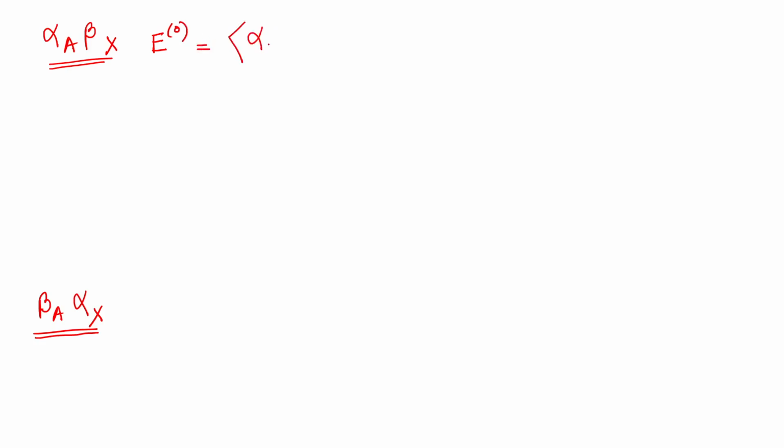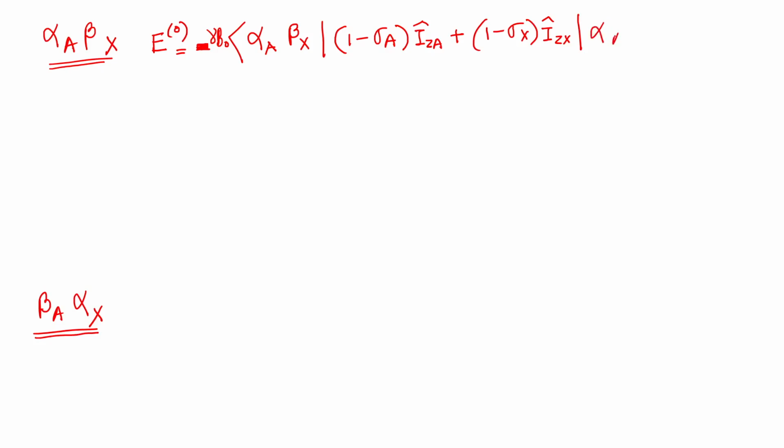So this is alpha A, beta X. I can take minus gamma B0 outside, and 1 minus sigma A Iz operating on A plus 1 minus sigma x Iz operating on X, acting on alpha A beta x.